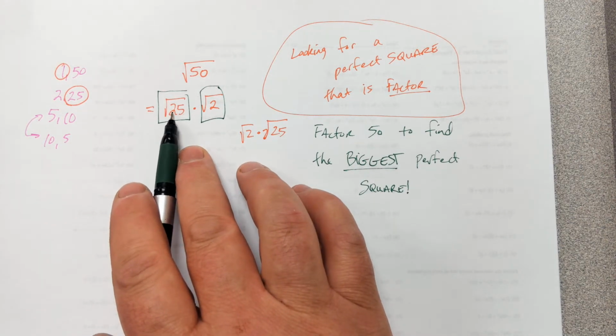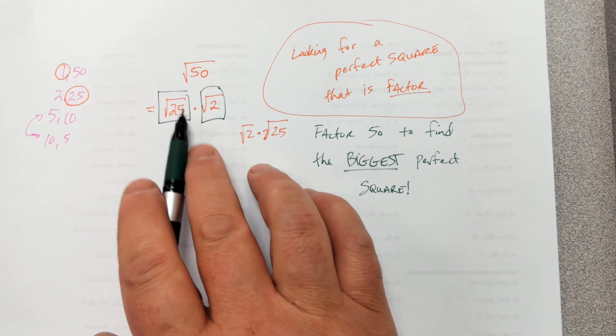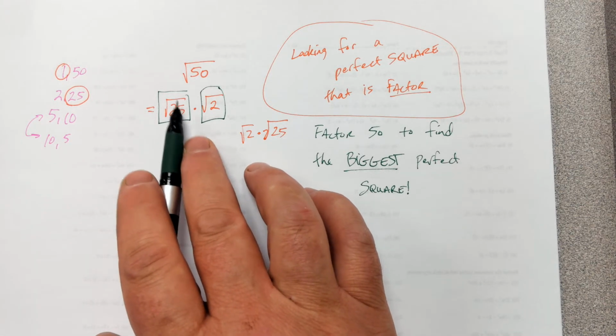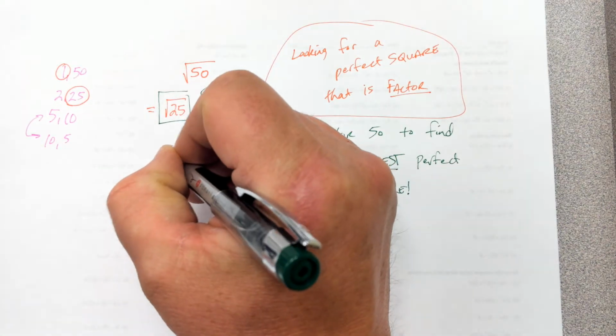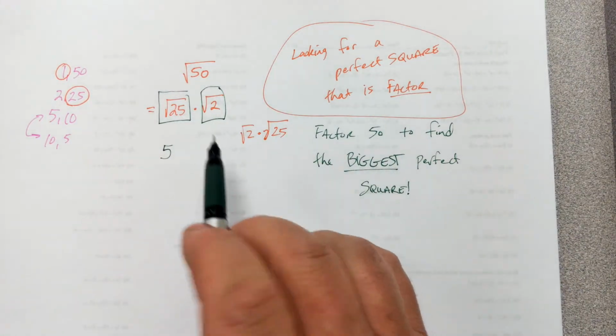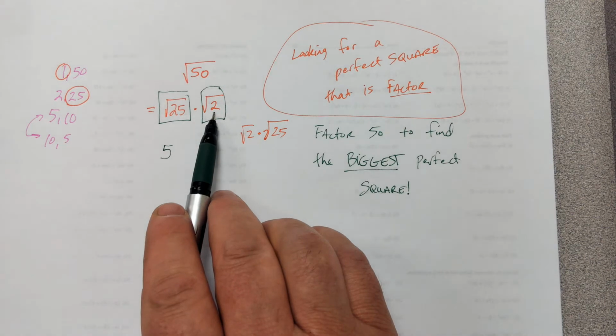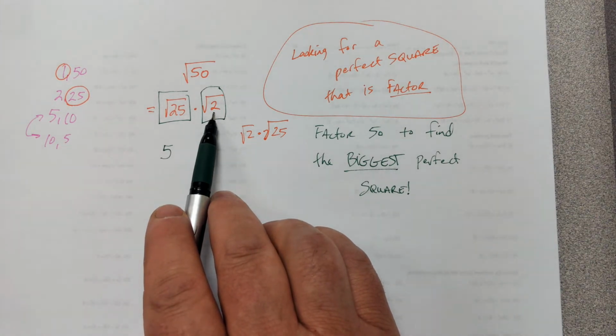This number is 5. Isn't that 5? This is asking what times itself is 25. That's 5. But what number times itself is 2? 1 times 1 is 1. 2 times 2 is 4. There isn't a number times itself that's 2. You're done.